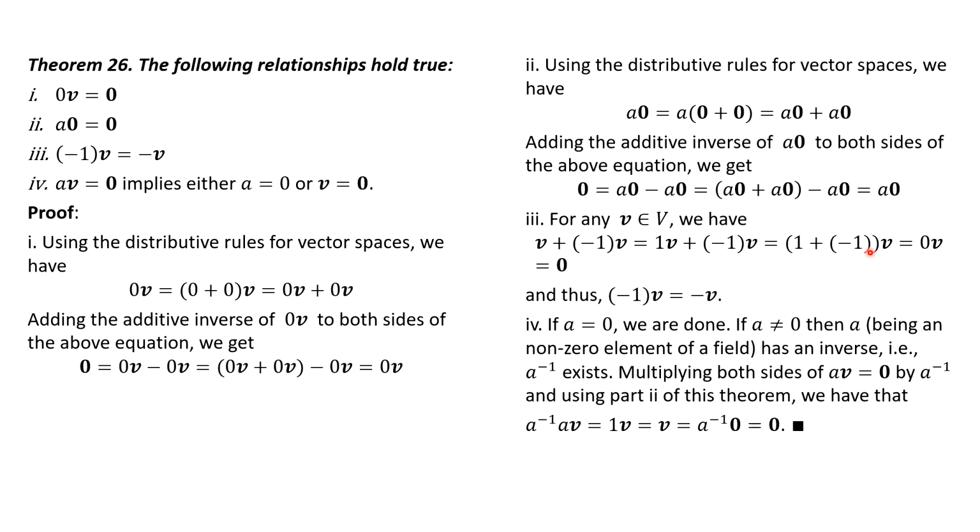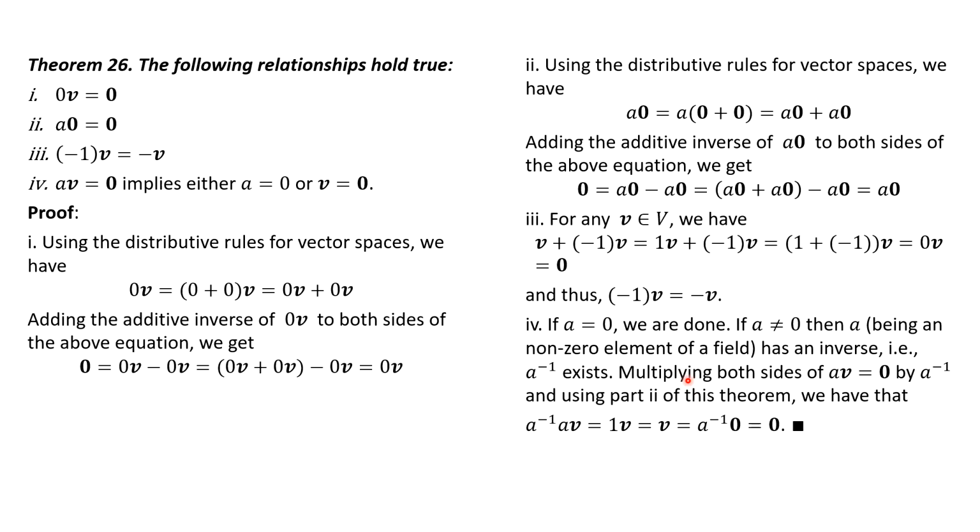But then 1 and its inverse is 0, the scalar 0, and you get 0 times v. And then we proved in part 1 that 0 times v is 0. So in other words, we have v plus minus 1 times v equals 0, which means that this thing here is the inverse of v.